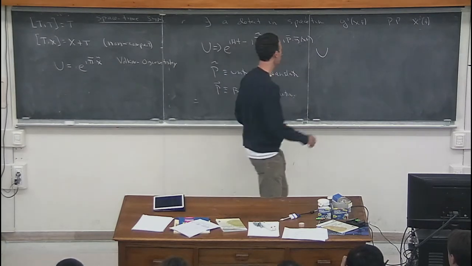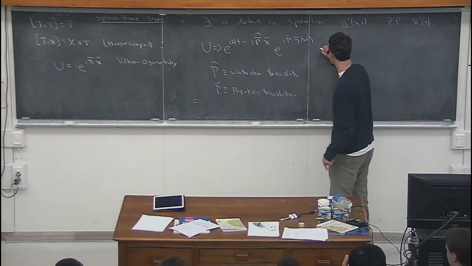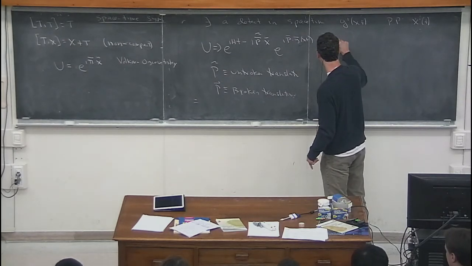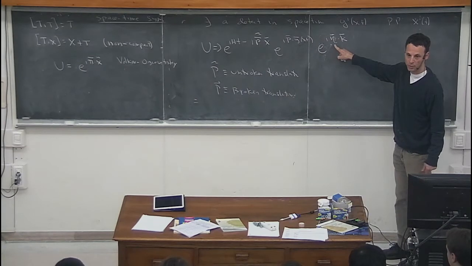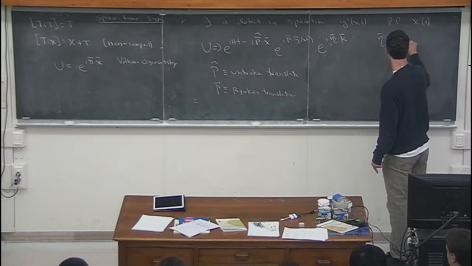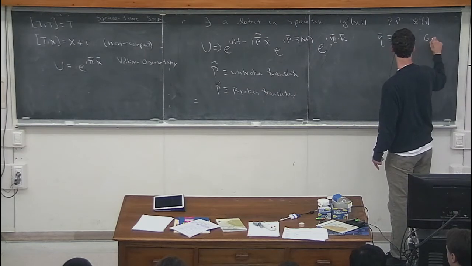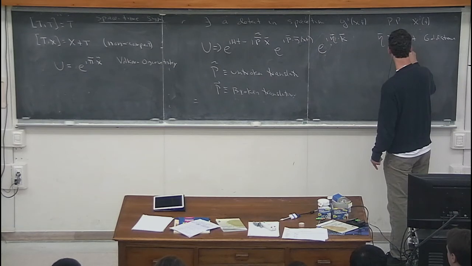For instance, since we know we're also going to break boosts, I'm going to have to write e to the i eta of k. And this eta now is the boost Goldstone boson. This is sometimes called the Fremon.